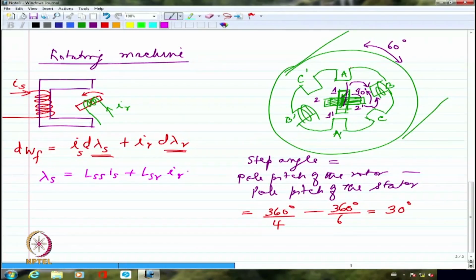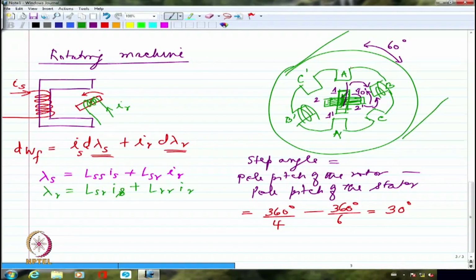And as far as the rotor side flux linkage is concerned, I am going to have lambda R equal to LSR IS plus LRR IR.